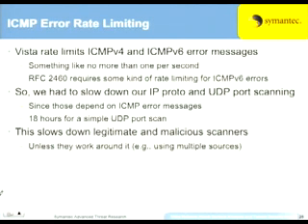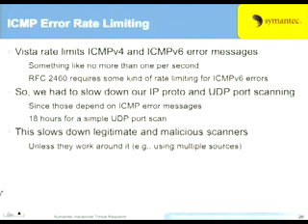One of the things we ran into is that Vista rate limits ICMPv4 and ICMPv6 error messages to something like no more than 1 per second, which means we had to slow down our IP protocol and UDP port scanning. That's because those depend on seeing each and every ICMP error message that's produced.